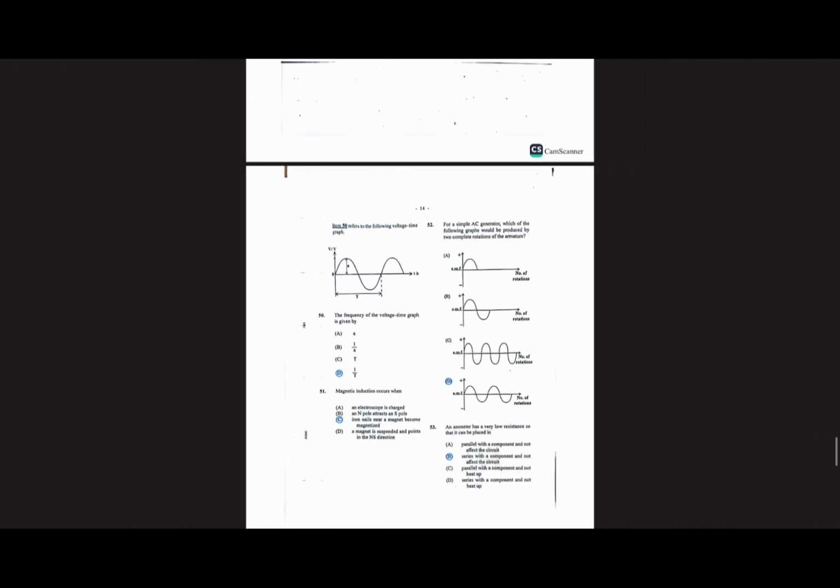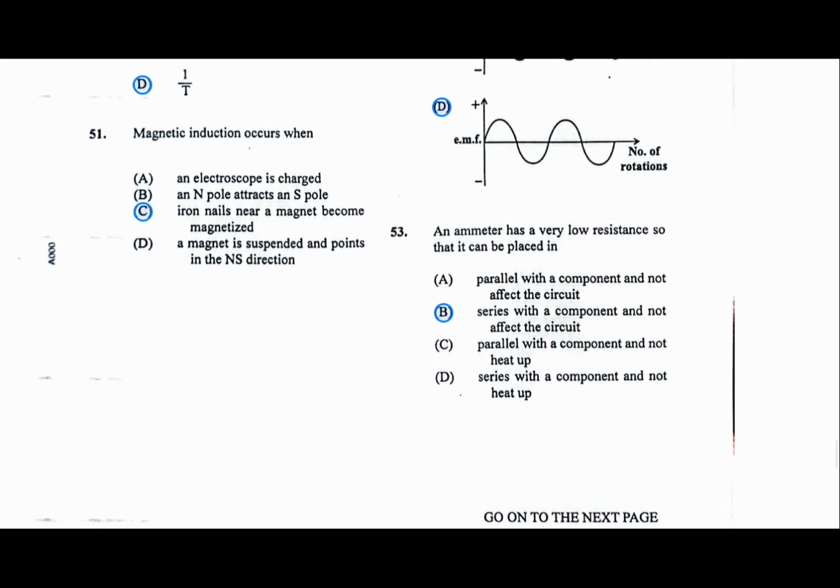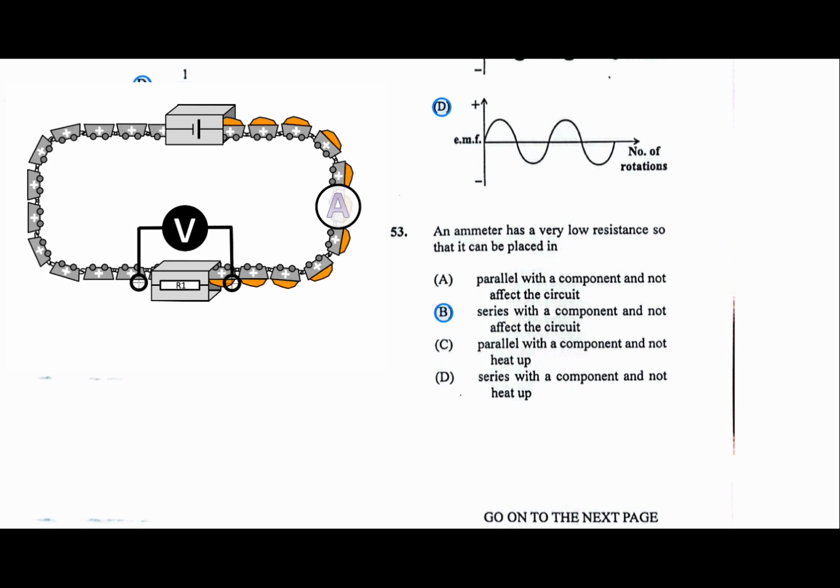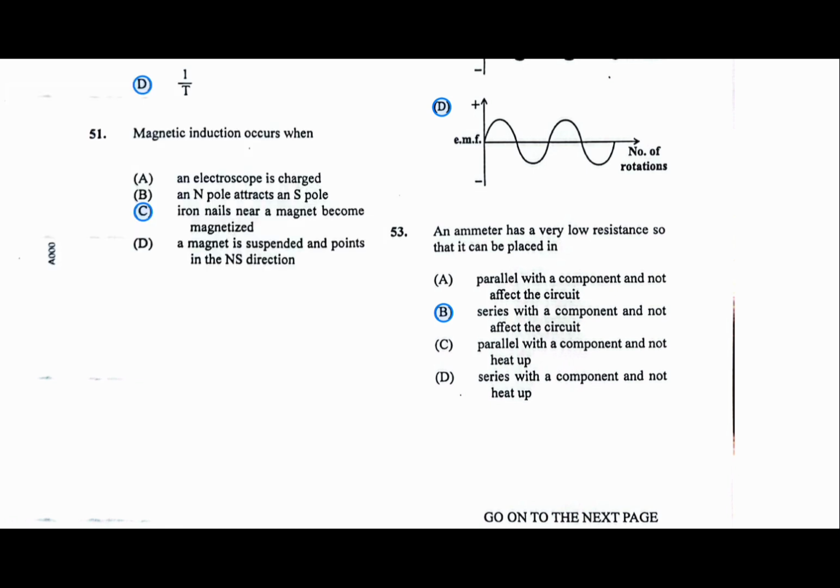Alright, let's move on. Question 53. An ammeter has a very low resistance so that it can be placed in. So an ammeter measures current, and current needs to flow through the ammeter in the circuit. So I will place the ammeter in series. Now, if I'm placing an ammeter in a circuit, I don't want it to add in any resistance.